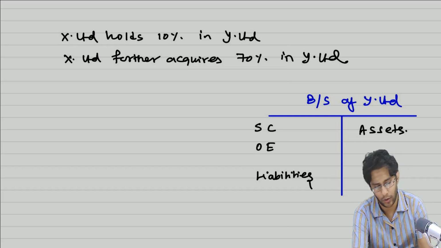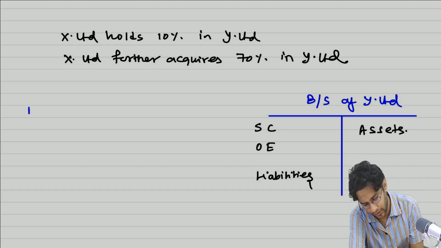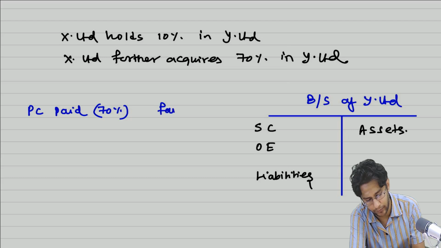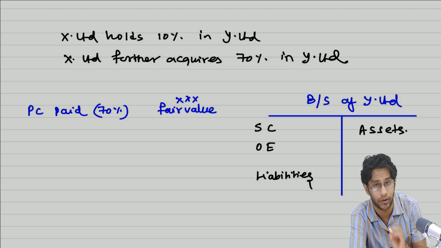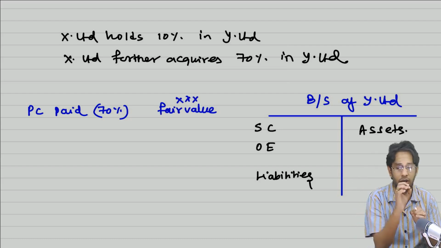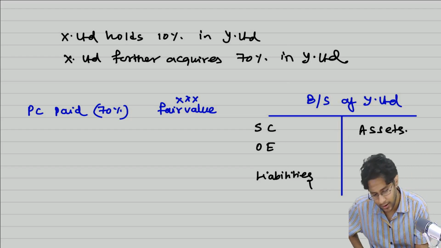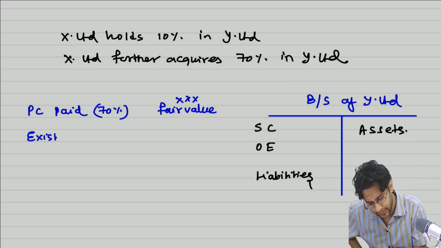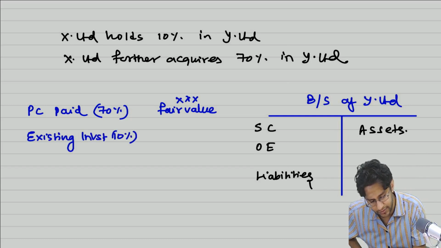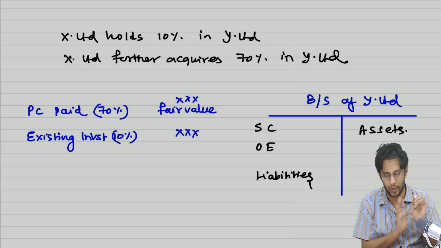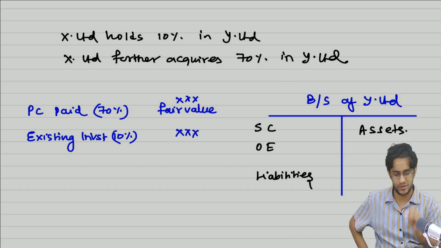Okay, so now what our standard says is take the PC paid at fair value. So work out the fair value of the 70% consideration which you are giving, whatever consideration you are paying for the 70% acquisition. The existing investment, you are already having 10%. Bring the fair value of the existing 10% investment also. Everything at fair value. So 70 plus 10, 80%.